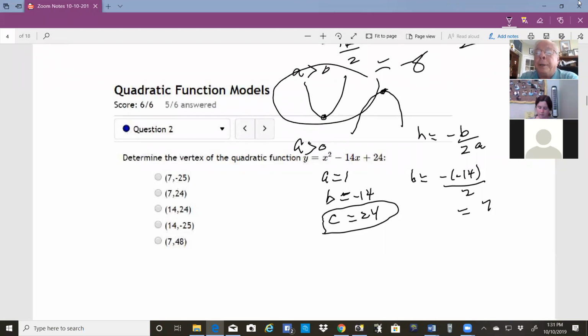So it's going to look like this, so that this point is going to be 7. And to find the y value, we need to plug it in. So k is going to be f of 7, which is going to be 7 squared minus 14 times 7 plus 24.